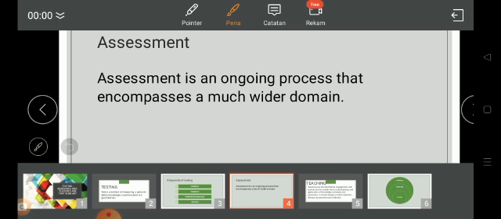Or when a teacher asks students to do some activity, discussing something with a partner, etc., it can also be categorized as assessment, because there are formal and informal assessments. Okay.